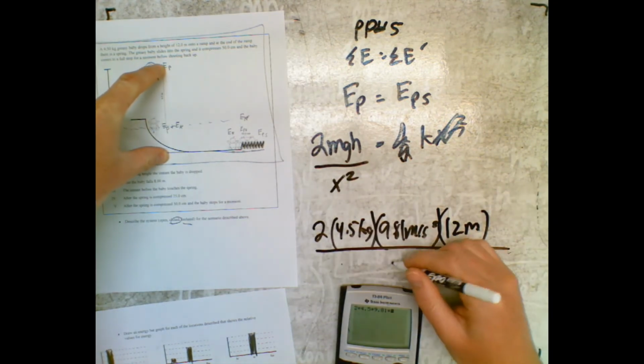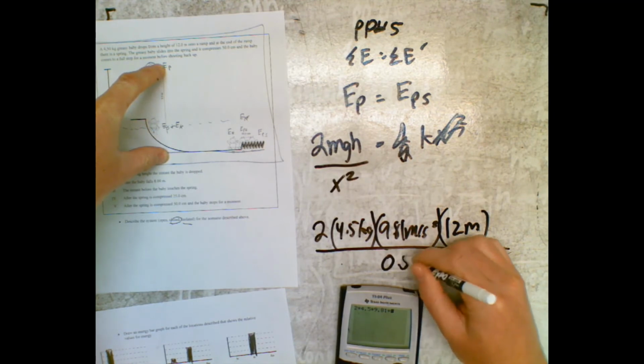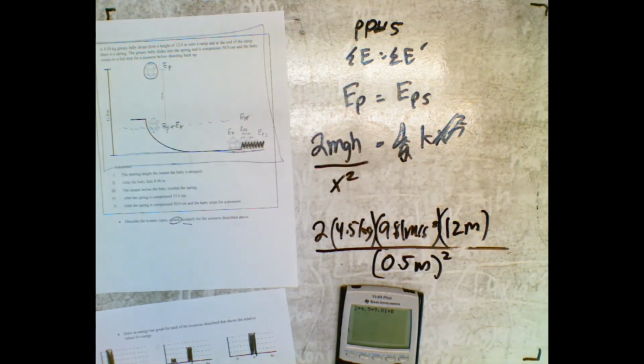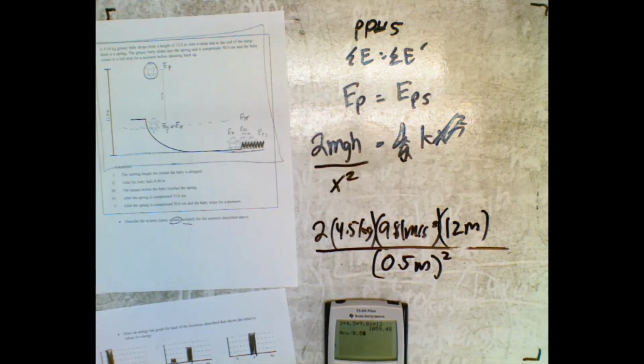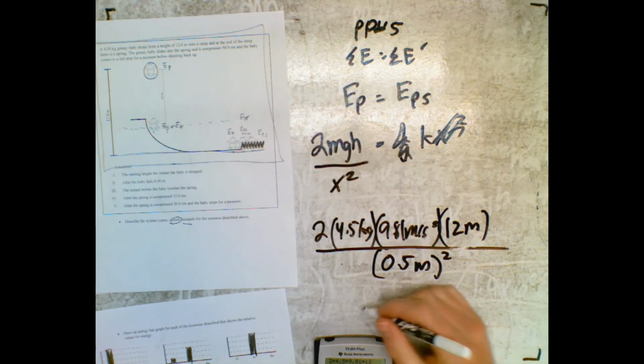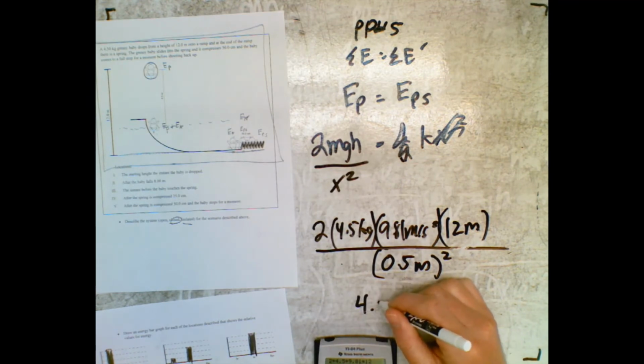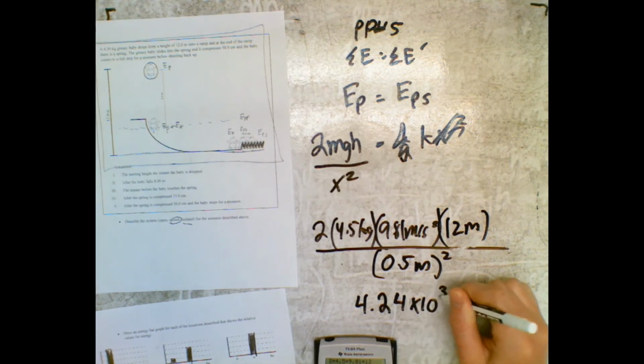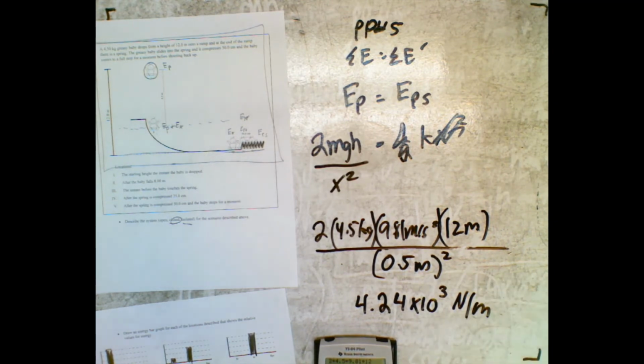And then it compresses it 1/2 meter. And I have to square that. So times 12 divided by 0.5 squared. And I get my spring constant to be 4.24 times 10 to the 3 newtons per meter. Okay.